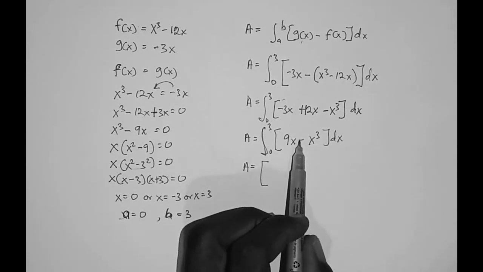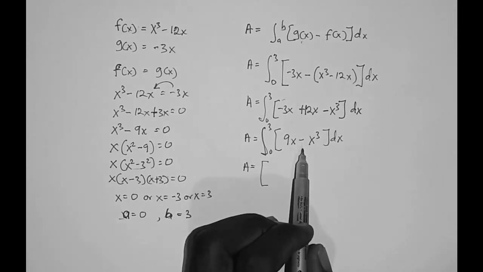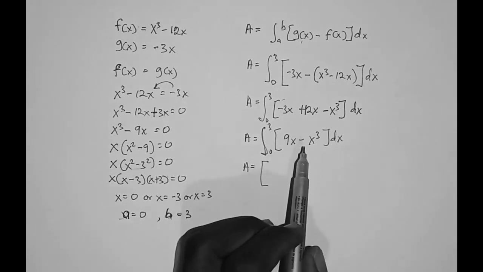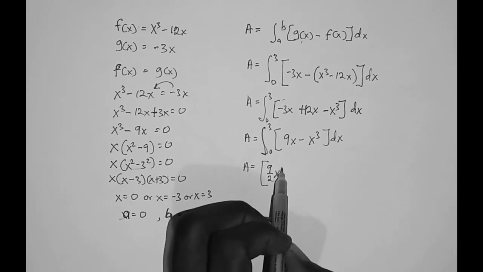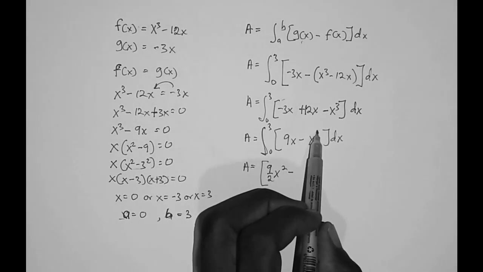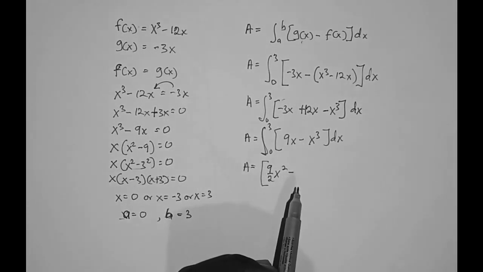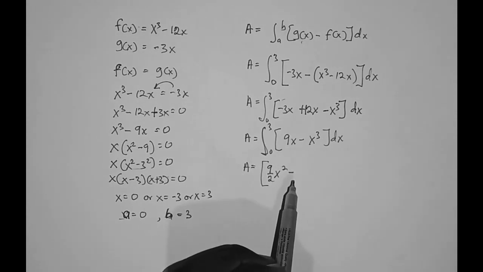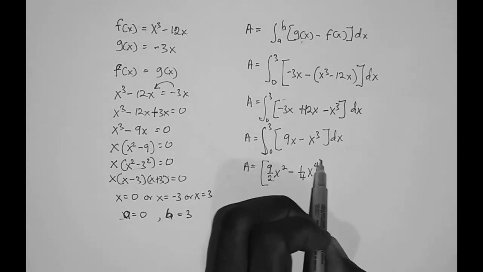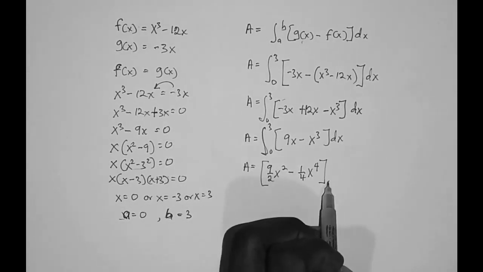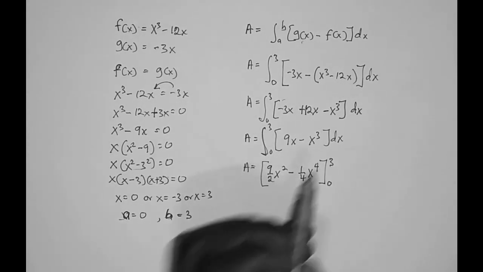When you add 1 to it, it becomes x exponent 2 divided by 2. So this becomes 9 divided by 2 x exponent 2 minus, if you add 1 to x cubed, it becomes x exponent 4 divided by 4. So this is minus 1 over 4 x exponent 4. All of this is evaluated at 0 and then 3.